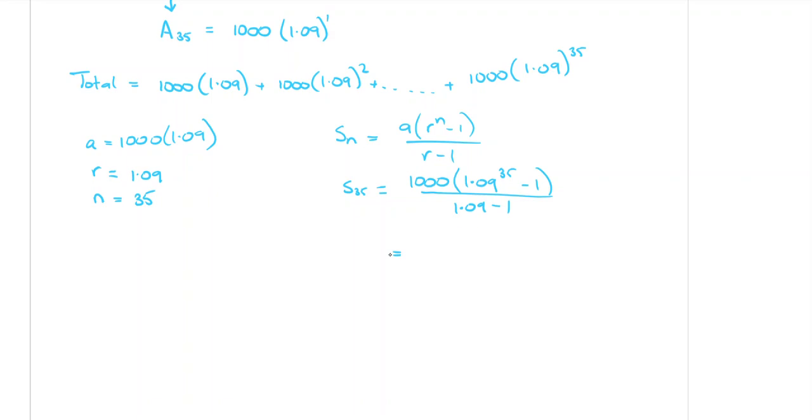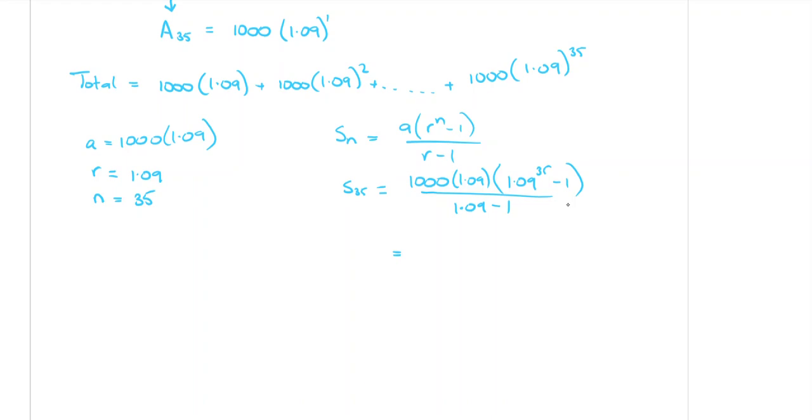And you put that into your calculator and you will get your answer. Oh, yes, I missed a thing. Thank you. Let's take that back. There should have been an extra 1.09 there. That's better. Sorry, A had that extra bit on it.